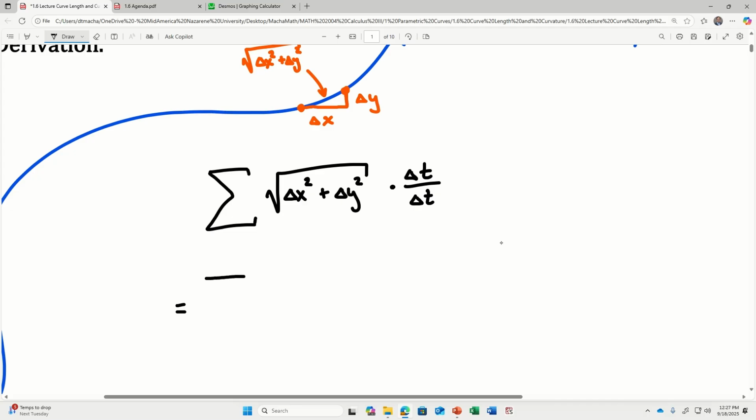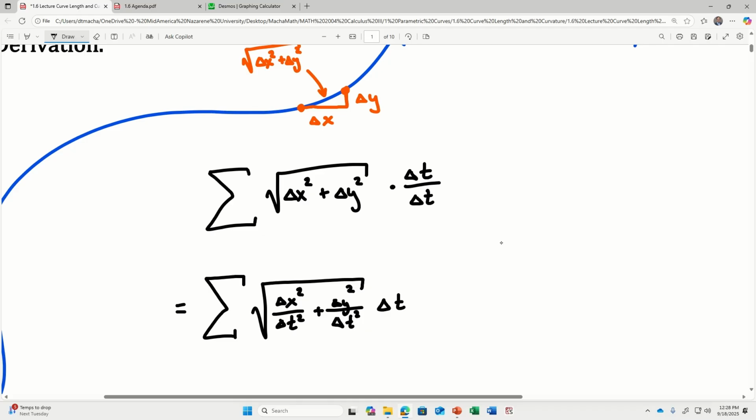And then I'm going to distribute the delta t in the denominator to the inside of this square root. Whenever I distribute the delta t inside the square root, it's going to make it delta t squared in the denominator.